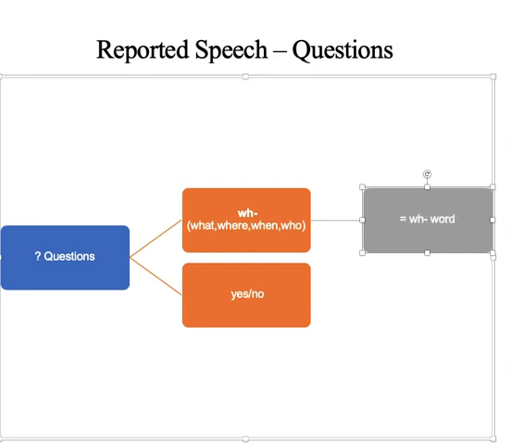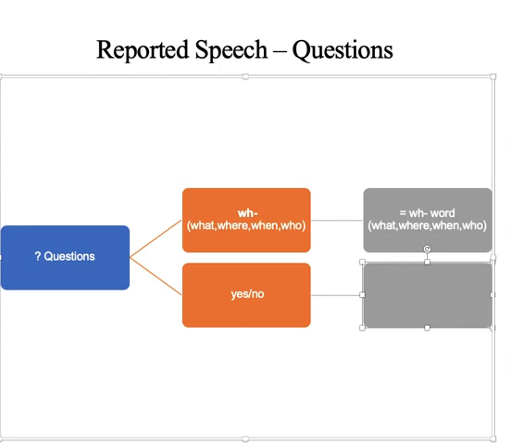So if you find the word what or where or when or who, we are just going to copy the word. And if you find a question that can be answered with a yes or no answer, then you are going to use if or whether.